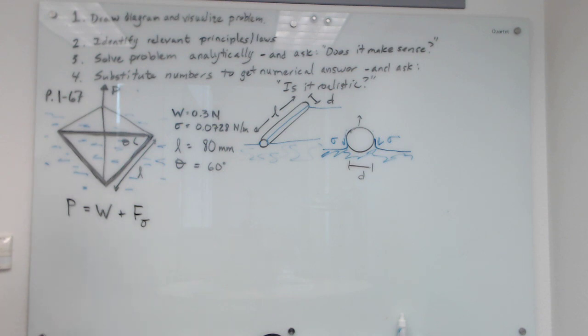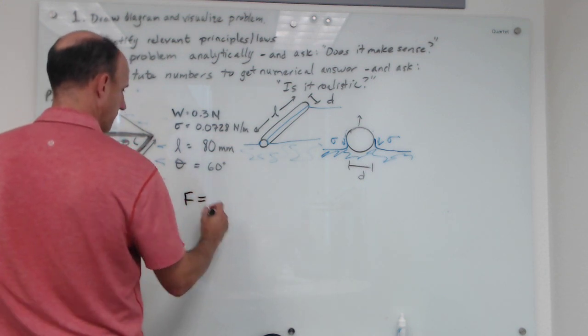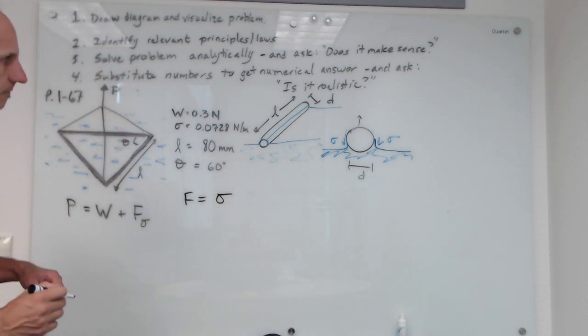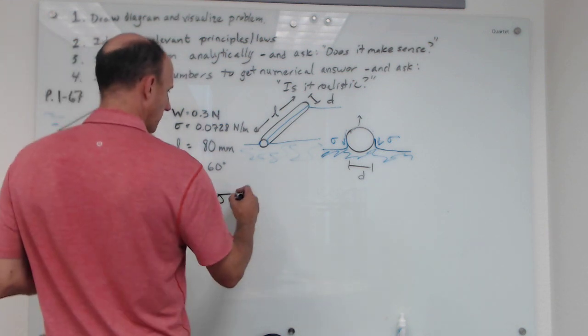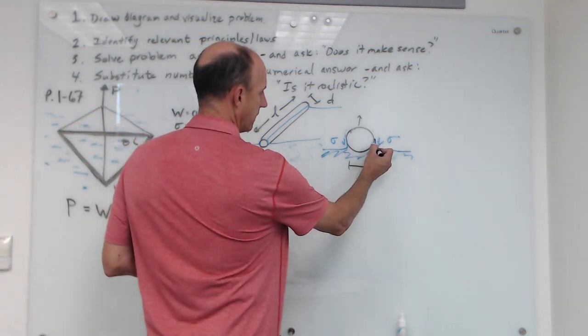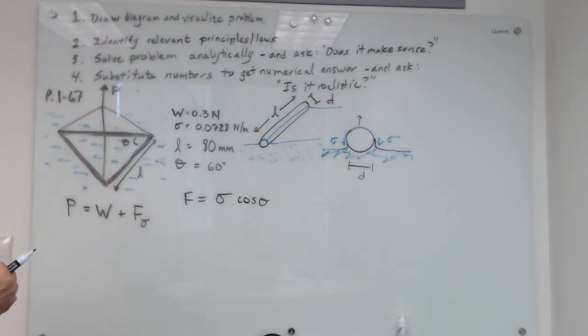In this problem the weight is given, so I don't need to refine that any further, but I do need to express this force due to surface tension. The force due to surface tension is equal to the magnitude of the surface tension times cosine of theta, where theta is the angle that the interface makes with the vertical.